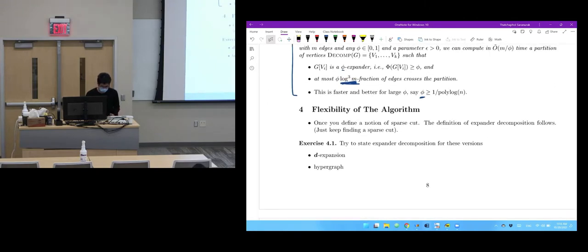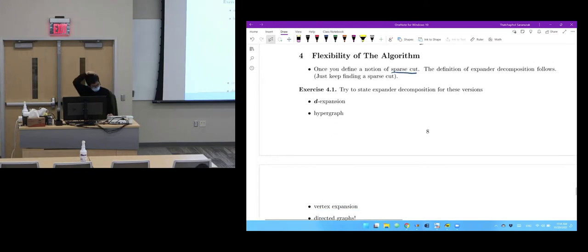First of all, once you have defined a notion of sparse cut, it follows what the expander decomposition corresponding to that sparsity should be. What an expander decomposition is really, is what you get after you keep finding sparse cuts and recurse. You define the notion of sparse cut, and you get a corresponding definition of the expander decomposition.